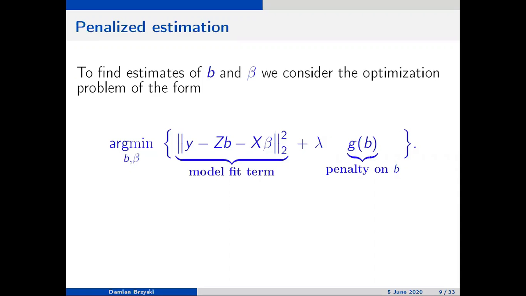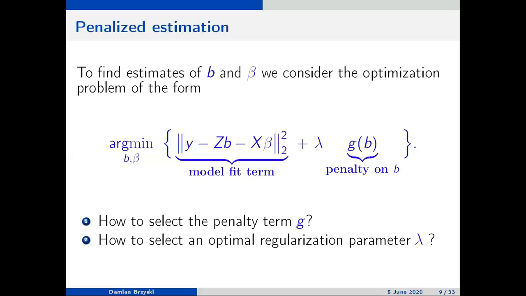Here the function g, and we would like to build this penalty based on the additional information, so about this information about the connectivities. And we also have a regularization parameter lambda, which of course we would like to select somehow. And g, the penalty term, the function, is also important. We also don't know it and have to select it somehow.